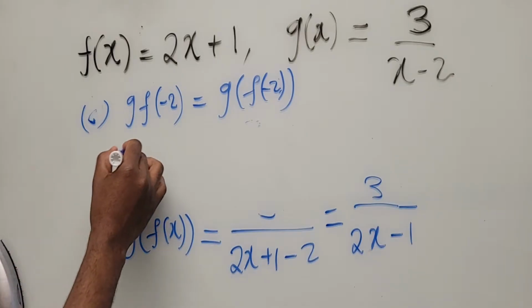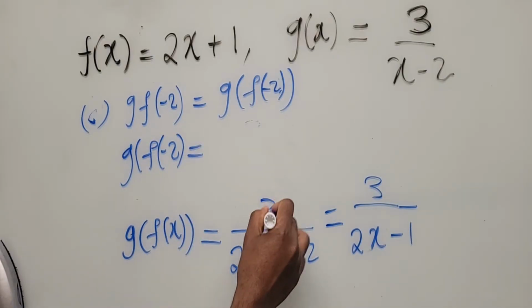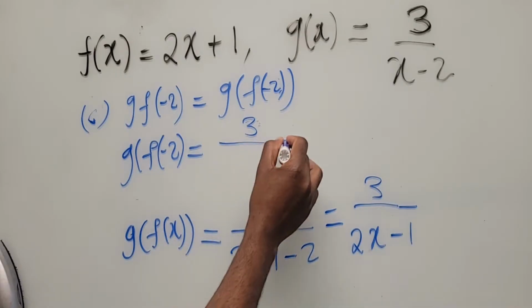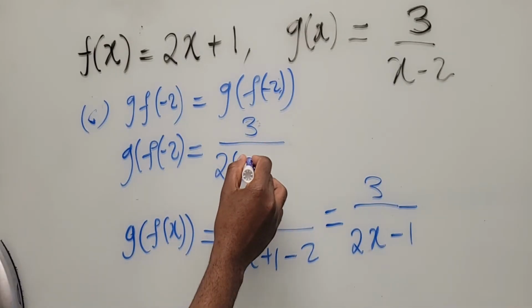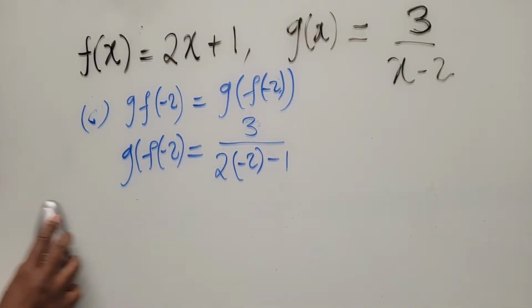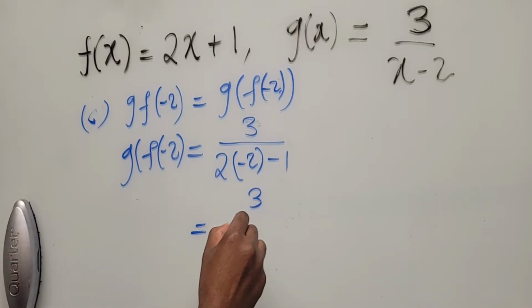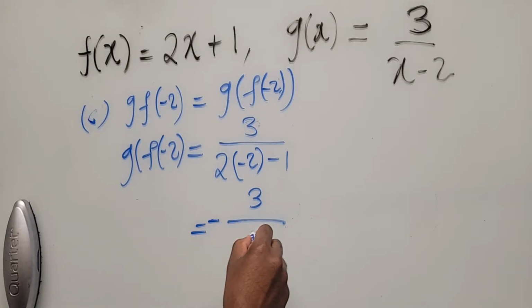So g of f of negative 2 is equal to 3 over 2, where there is x, I put negative 2, then minus 1. So 2 multiplied by negative 2 is negative 4, minus 1 is negative 5. So this is 3 over negative 5, with the negative outside. So g of f of negative 2 is negative 3 over 5.